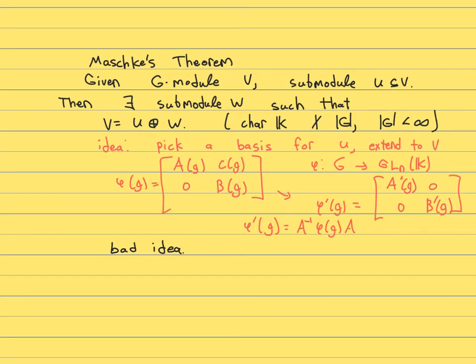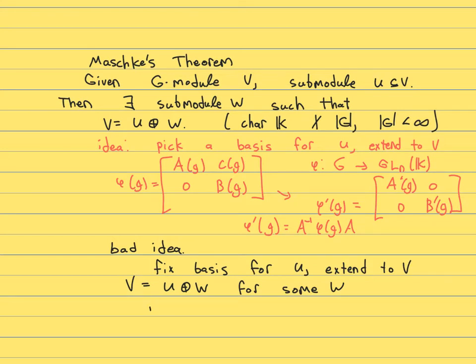But I mean, we can look at how we can salvage the idea. So what's happening here is you've fixed a basis. Once you fix a basis for U and extend it to V, you've actually rewritten V as a direct sum already. Literally, W is the span of the other basis vectors.